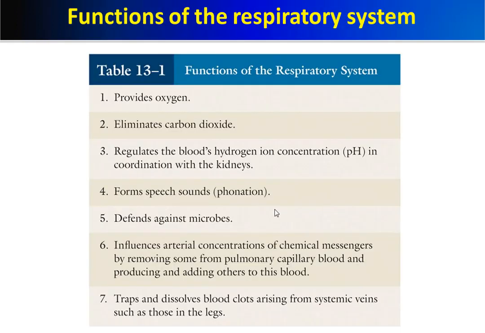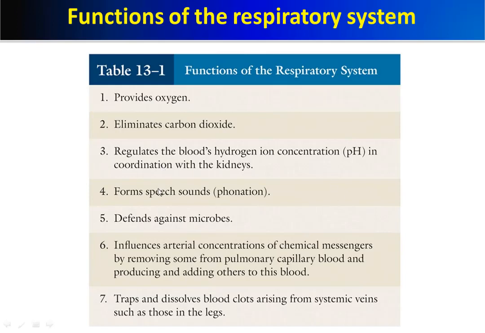So this table summarizes the functions of the respiratory system. The major and most important functions of the respiratory system are to provide the cells of the body with oxygen and to eliminate carbon dioxide. But the respiratory system has other important functions. For example, regulation of the hydrogen ion concentrations in the fluids of the body, in the plasma and in the interstitial fluid, and this is done in conjunction with the kidneys.